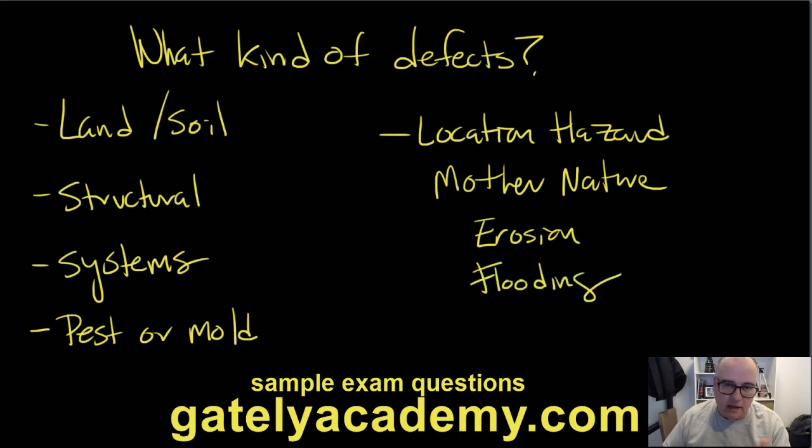You could think like in California, it would be like if you're in an earthquake zone, or Hawaii, you're in some type of known lava flow zone, or even in New Hampshire, like rock slide or something like that. Mostly in Massachusetts, that's going to be erosion or flooding. So these are the overall categorized topics of potential defects that you must disclose.